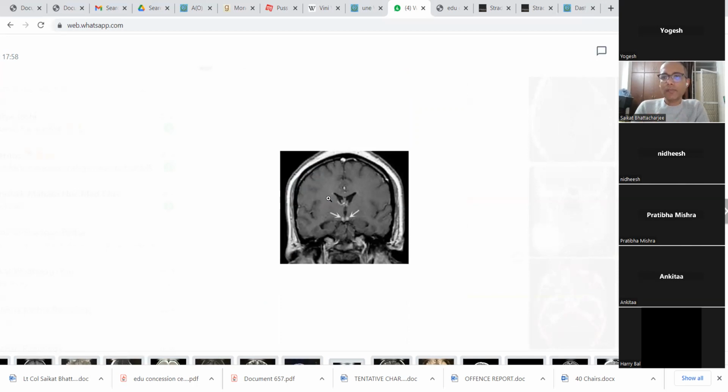Out of the 3 of you, anyone? What structure is being pointed out by these arrows, Pratibha? Mammillary bodies.